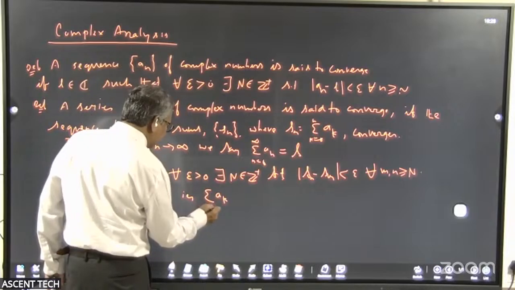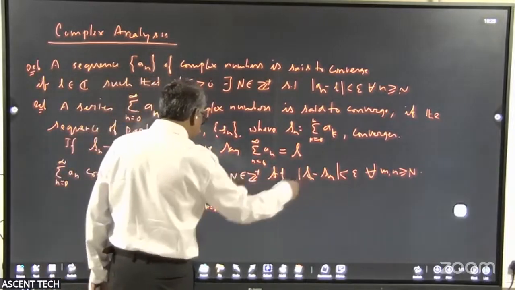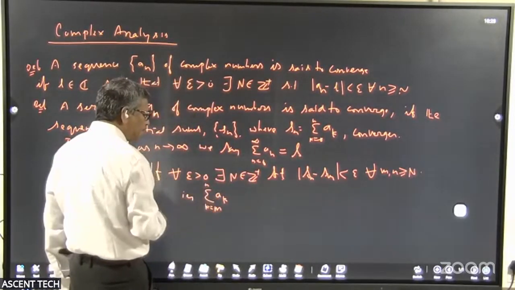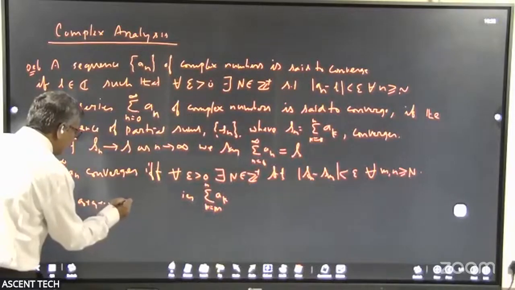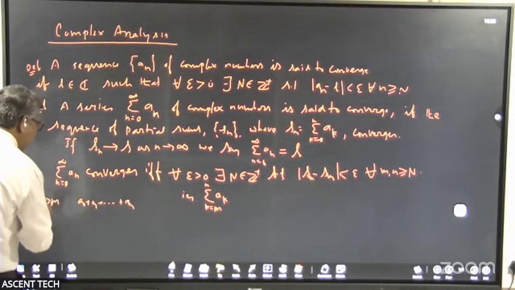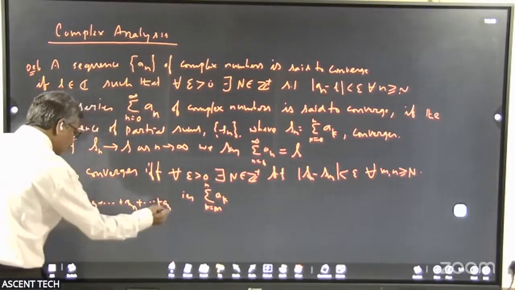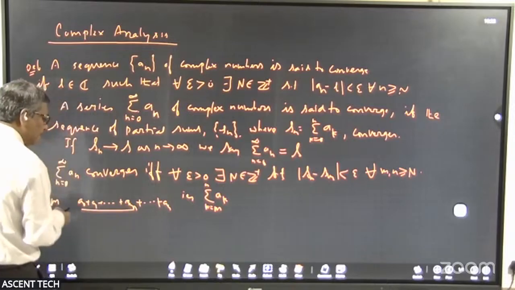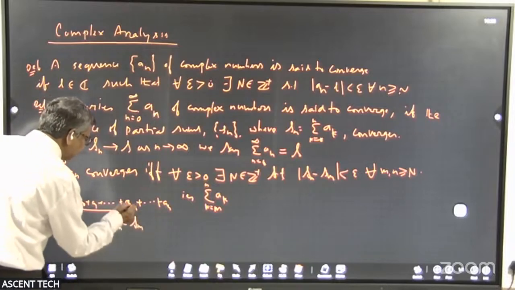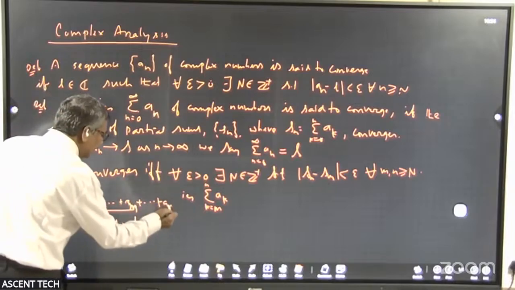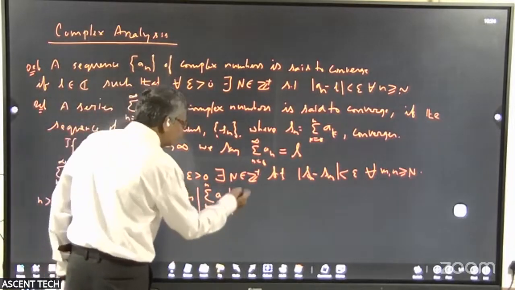Suppose n is bigger than m. The whole sum up to a_n is S_n, and this is S_m, the sum up to a_m. From S_m, which goes up to m, what remains up to n is the remaining part, and this is actually the difference.